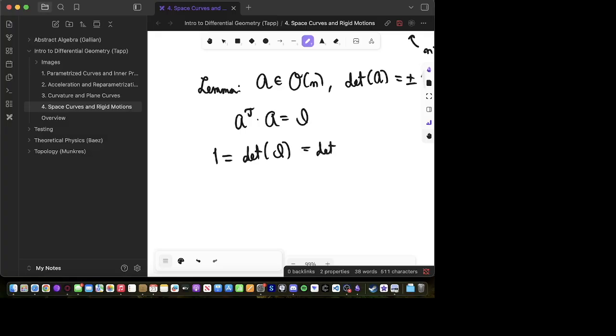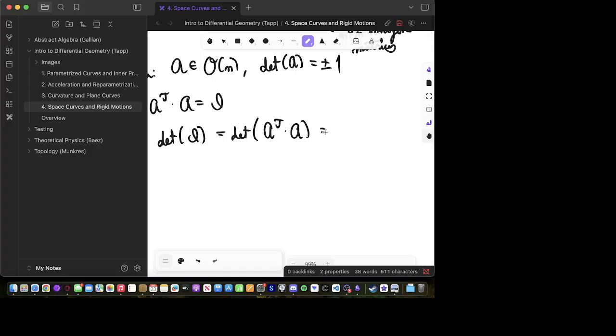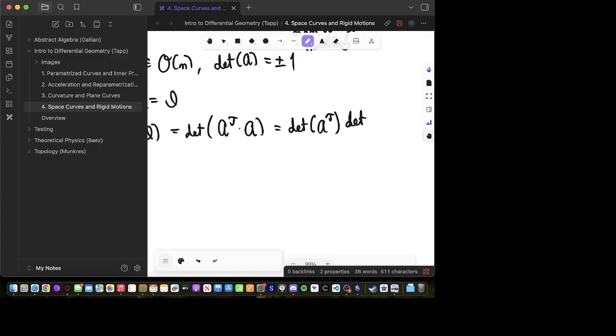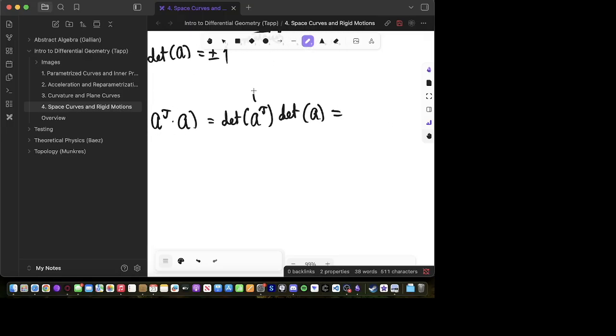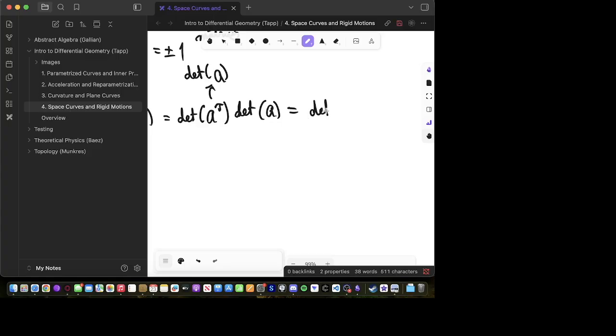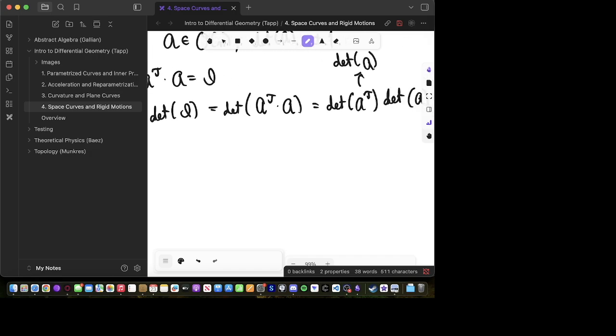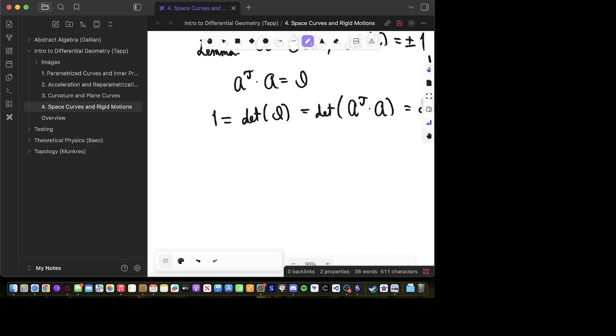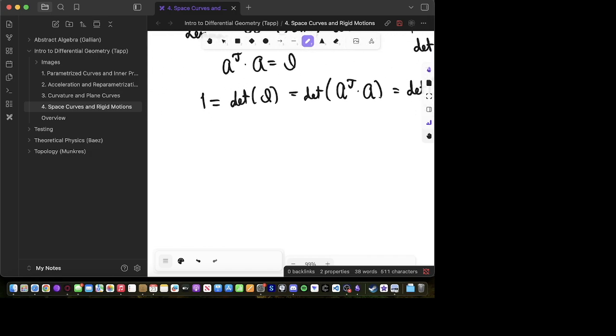So we have that, and we can split them up into two, like so. And the determinant of the transpose is equal to the determinant of the regular matrix. So we have that. Therefore, the determinant is going to be either 1 or negative 1.